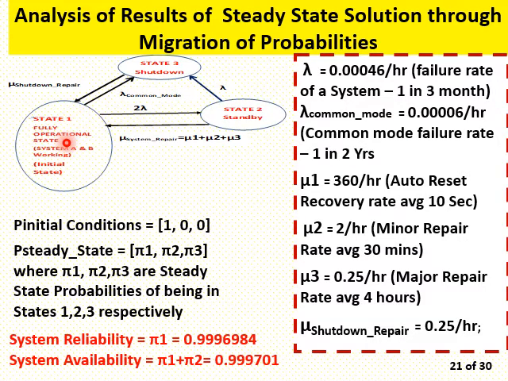Now, from this initial condition, as time progresses, the probability migrates from the initial state to other states of the model based on the Markov process, which moves from state to state based on state holding time, which is a continuous random variable with exponential probability distribution, as explained earlier.